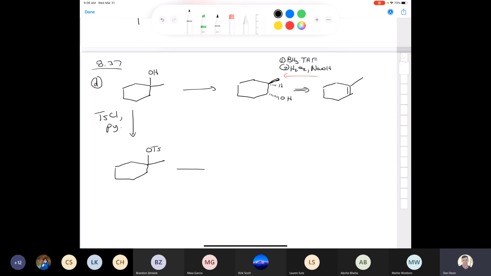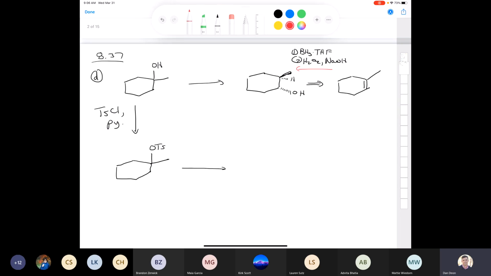Then I've got my alpha carbon, I've got a beta carbon here, and I've got a beta carbon over here. If I was to treat that with a hindered base, sorry, did I label the two beta carbons the same? I didn't mean to do that. My mistake. I meant this beta carbon here.